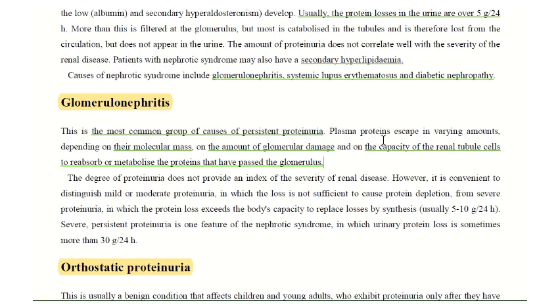The plasma proteins escape in varying amounts، وهذا يعتمد depending on their molecular mass, on the amount of glomerular damage, and on the capacity of renal tubule cells to reabsorb or metabolize the proteins that have passed the glomerulus.